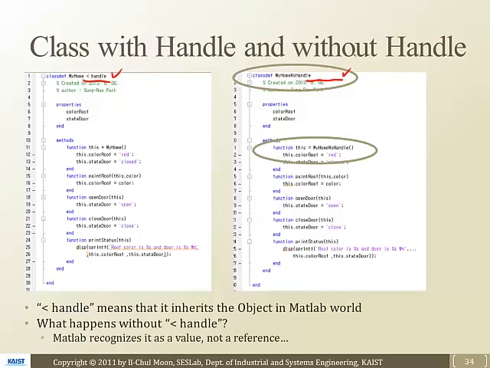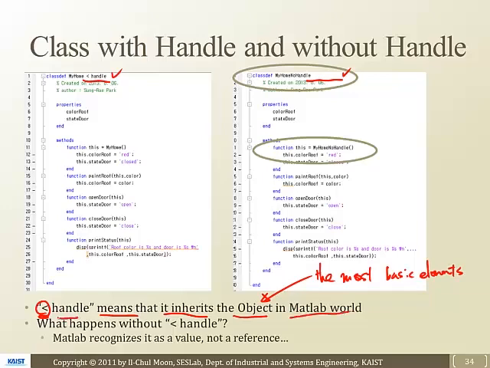Then what happens? This right there, how do you say that? This mark, this greater-than mark, means that it inherits the object, right? The most basic element in the MATLAB world.